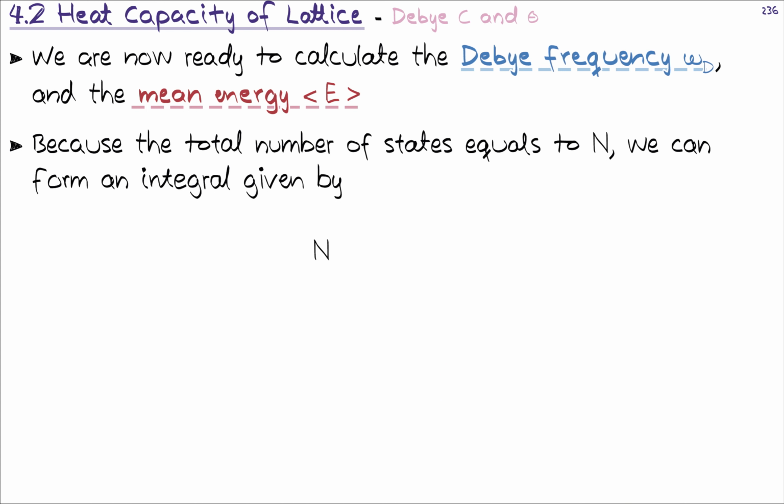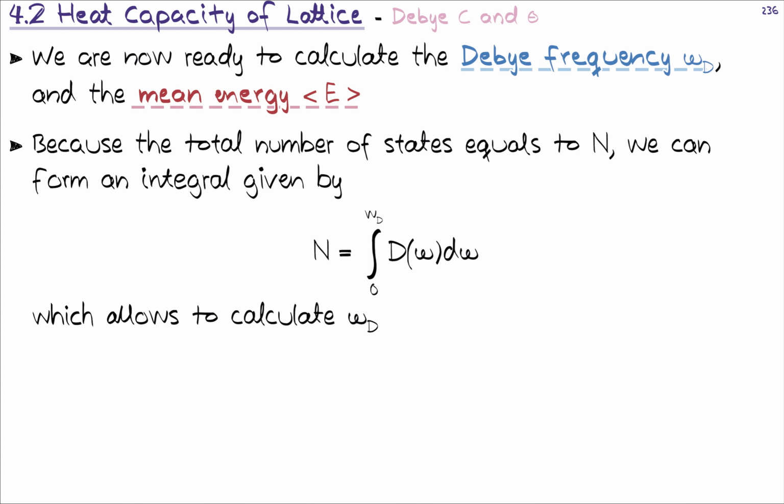So the total number of states must be equal to an integral from 0 to omega D, where we integrate the density of states over the angular frequencies. And this allows us to calculate omega D, the Debye frequency. Please note that how we end up with this integral is exactly the same thing that we would, for example, use to calculate the mass m of an object.